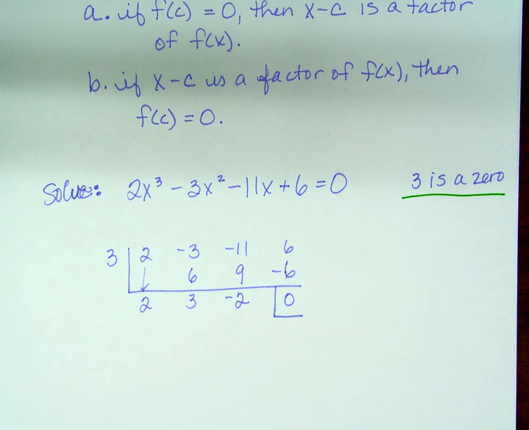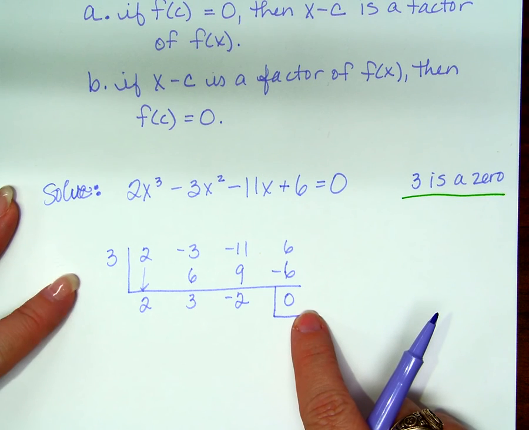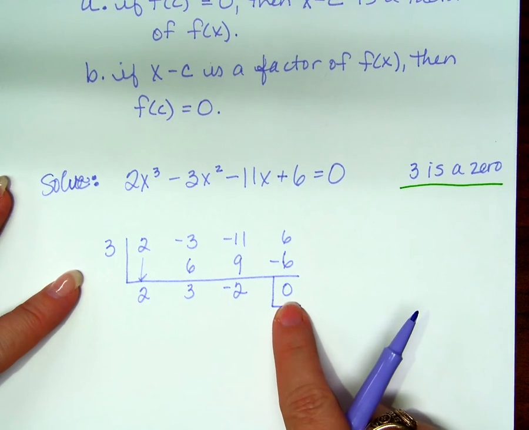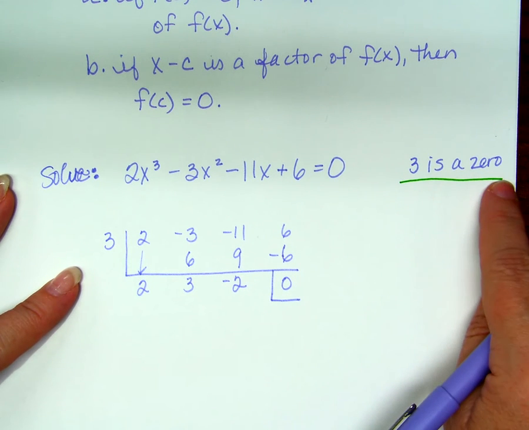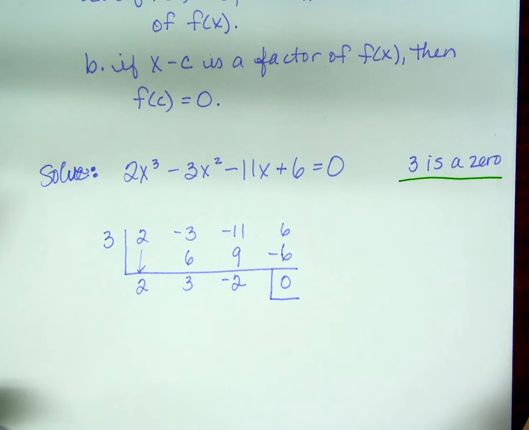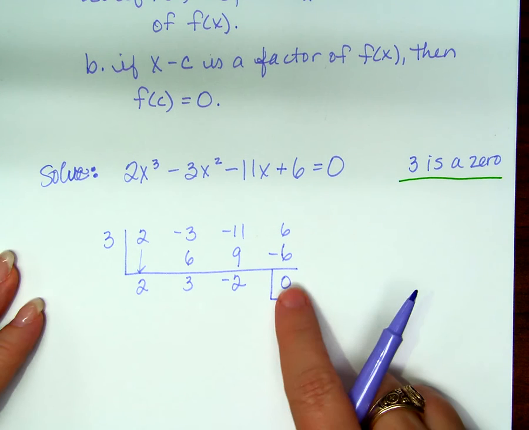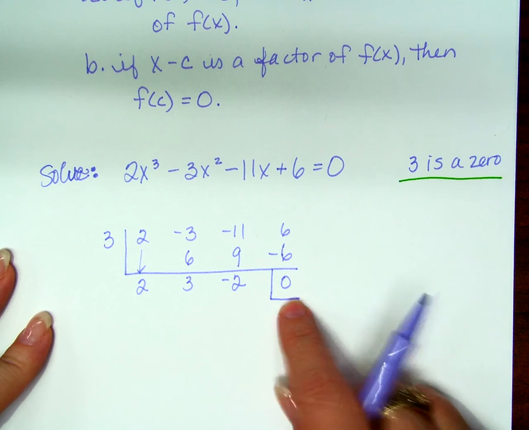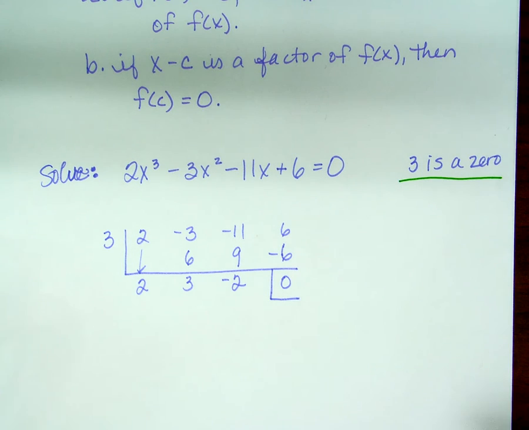Yes, ma'am. That's a given. It tells you that 3 is a 0 in the problem. Okay? So I knew this was going to be a 0 because it told me that 3 is a 0. Now 0 being where it crosses the x-axis, but it's kind of cool because it also is a 0 remainder. So several different reasons why you could think of it as a 0.